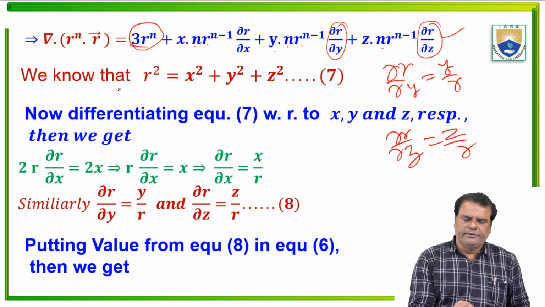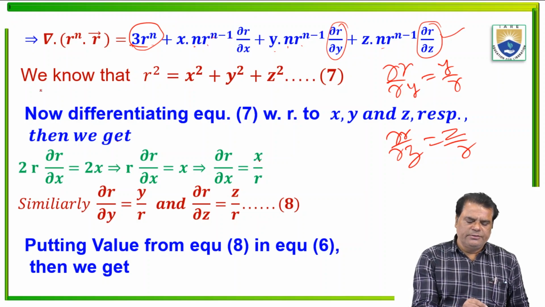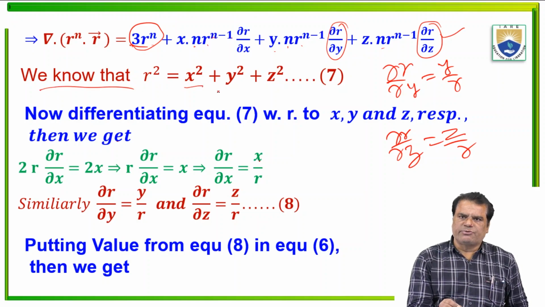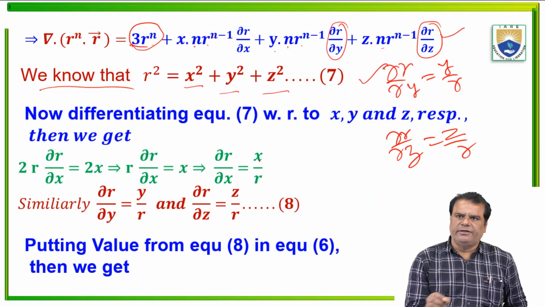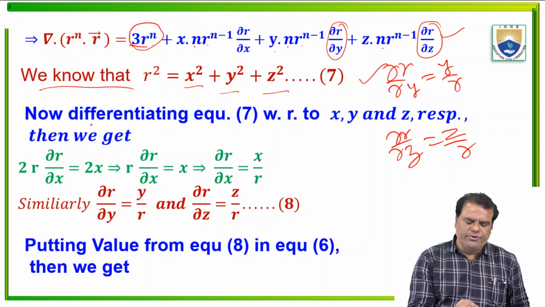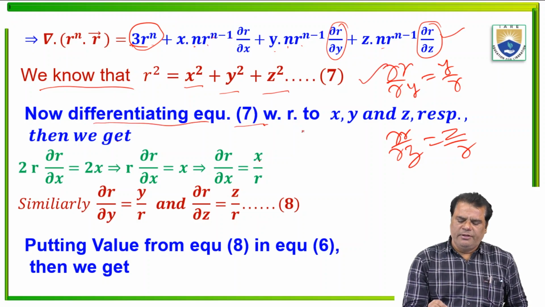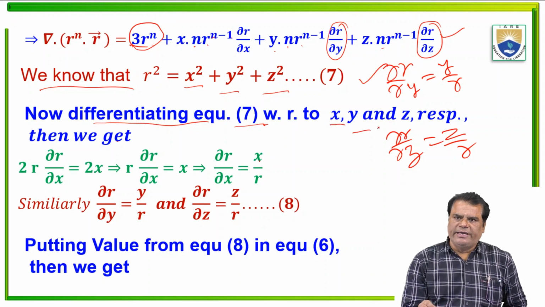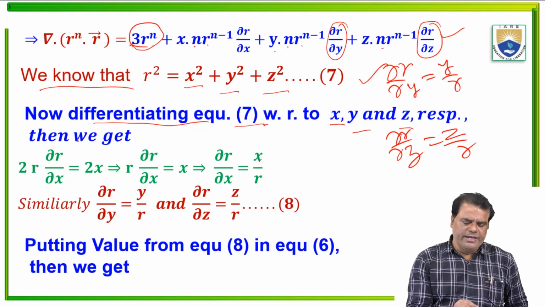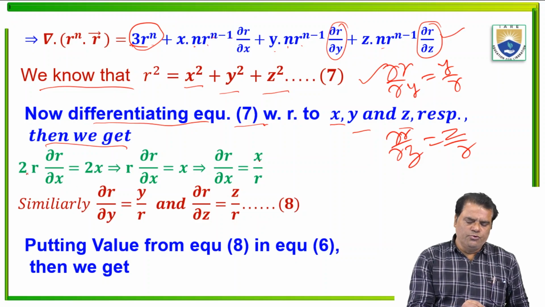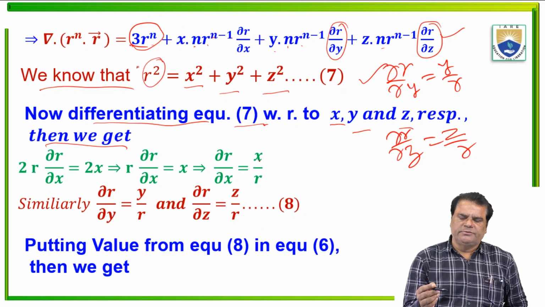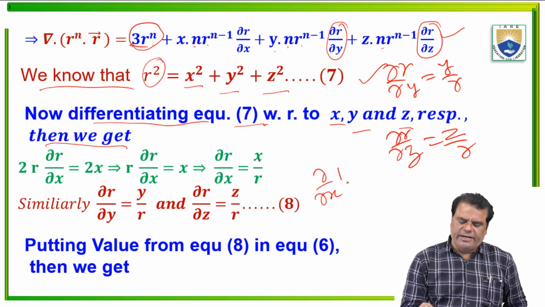We know, as we have discussed last, r² = x² + y² + z². This is equation 7. Now differentiating equation 7 with respect to x, y, z respectively, we get 2r. Differentiating r² with respect to x, ∂/∂x of r².